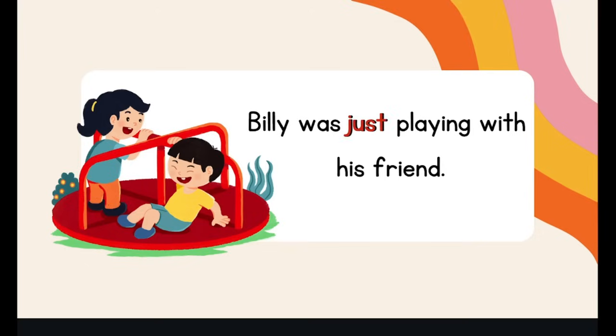So just is also an example of degree of adverb, which is modifying the word playing. So our adverb here modifies the verb, because playing is an example of a verb, an action word.